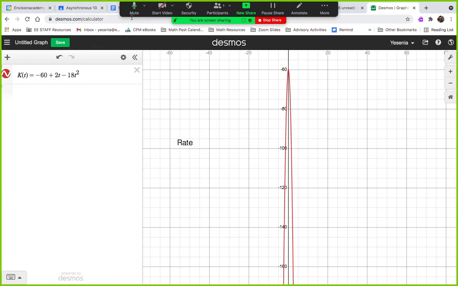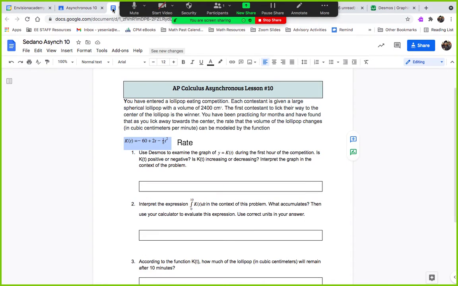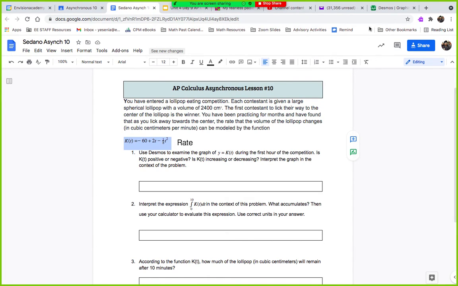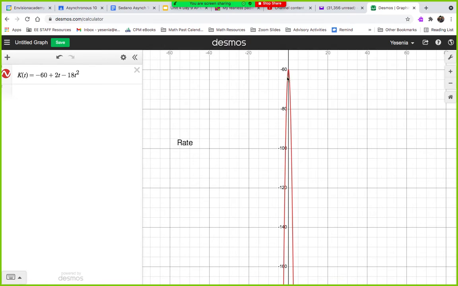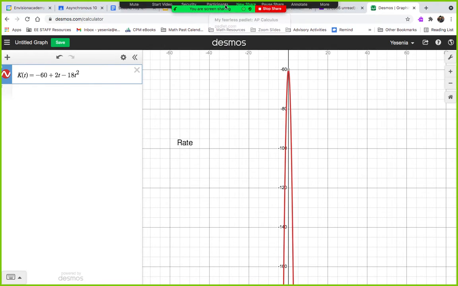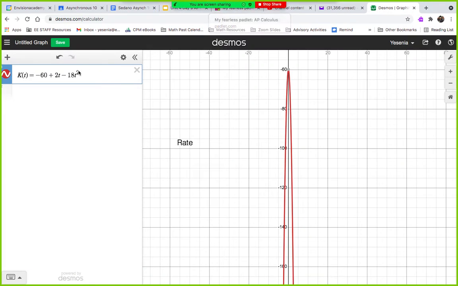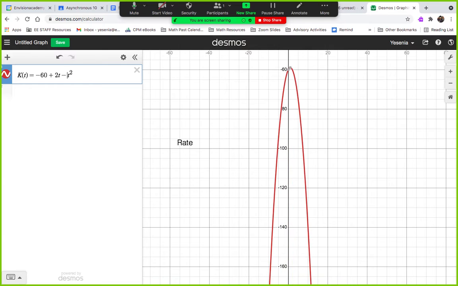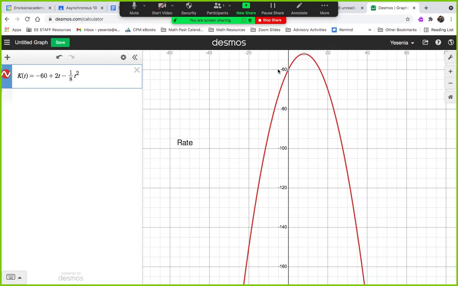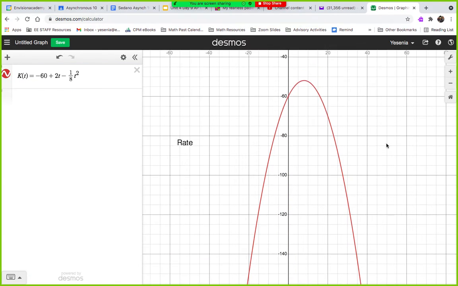If we go back to the problem, it is representing the rate that the volume of the lollipop changes. We also want to verify that we've written that problem correctly. Minus 1/8. Oh, there we go. This is actually 1/8. My bad, friends. There we go. That looks nicer.